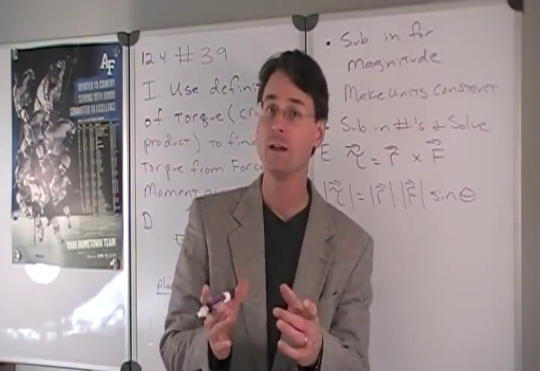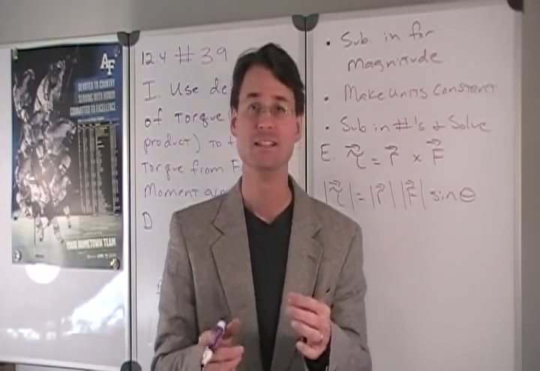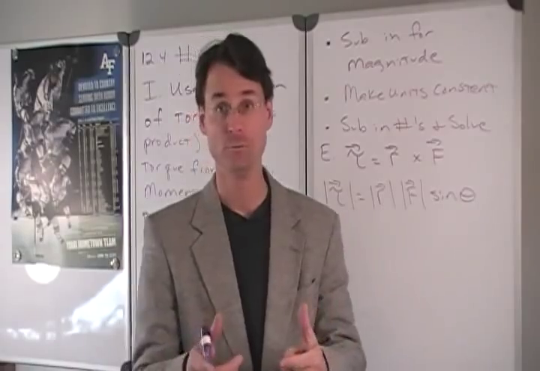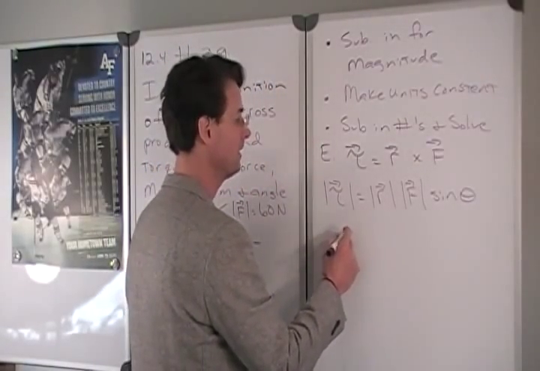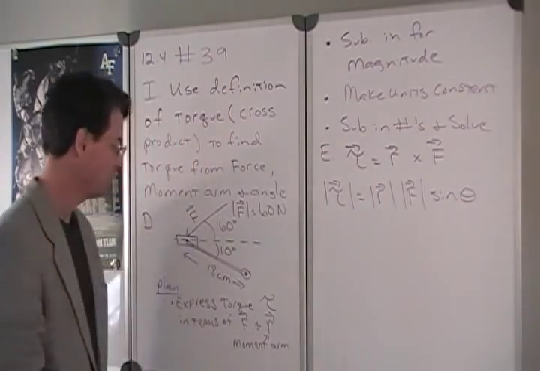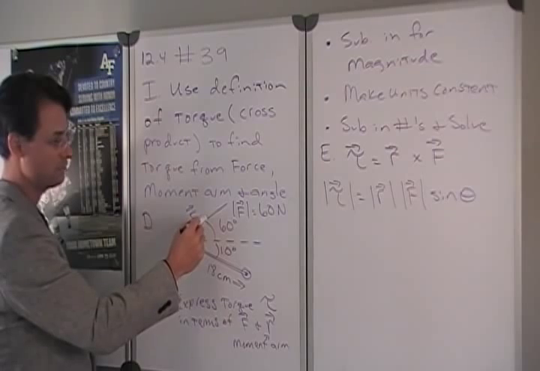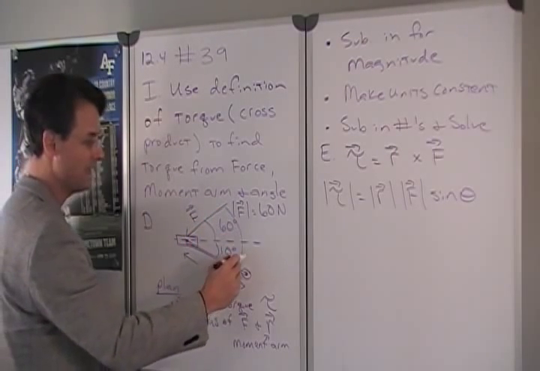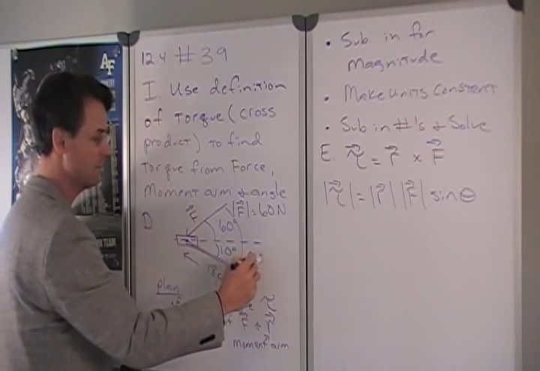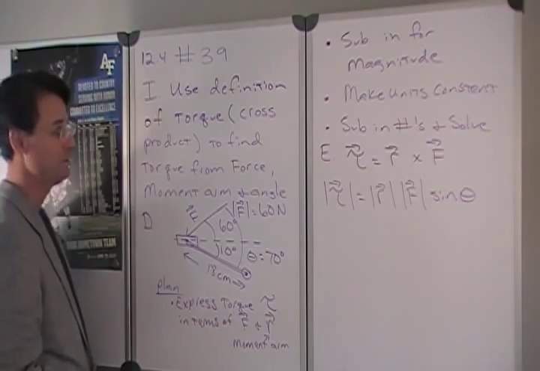Here we're given two angles, and we need to be careful because theta is the angle between the two vectors in the cross product. Here's the force vector, there's the moment arm vector, so the angle is the sum of those, so the angle in this case is 70 degrees.